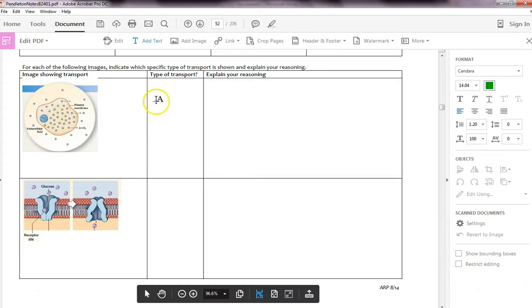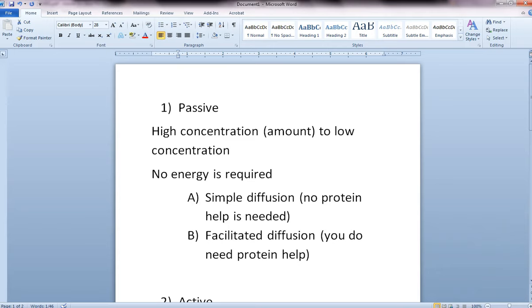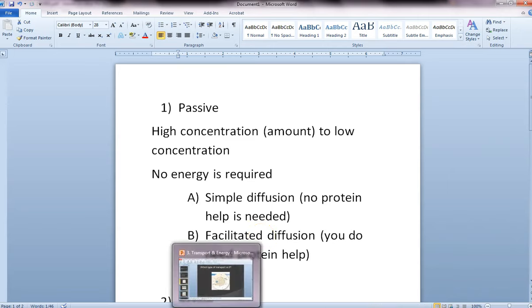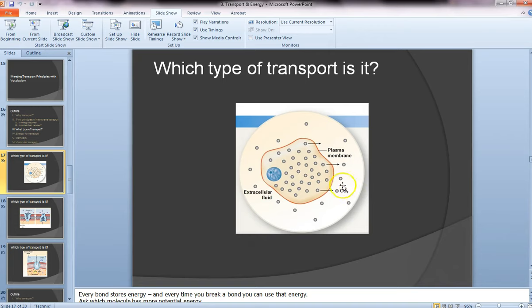So right here we can say passive, but we want to get more specific because if you notice on our list, there are 2 subtypes. We can have simple diffusion or facilitated diffusion. Well, how do we know which one it is? You have to look at what the molecule is. It's carbon dioxide.